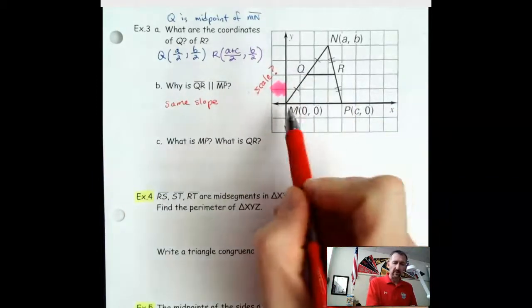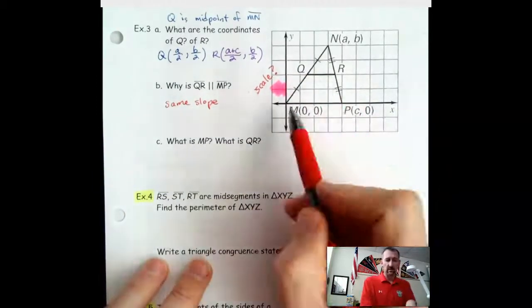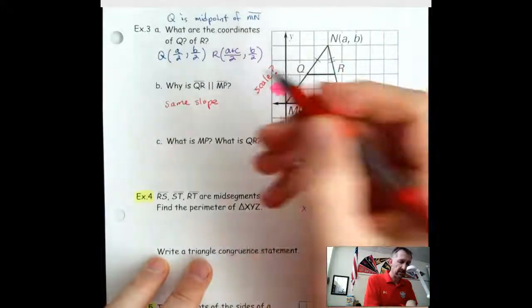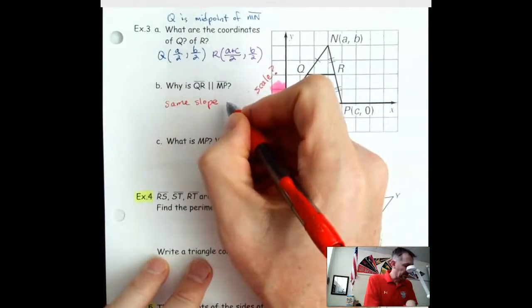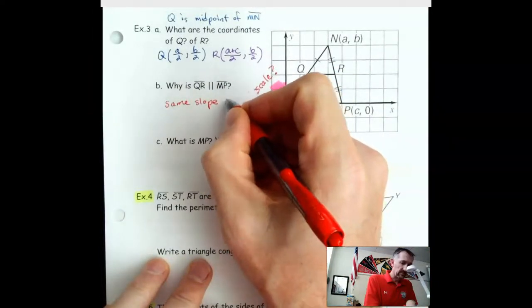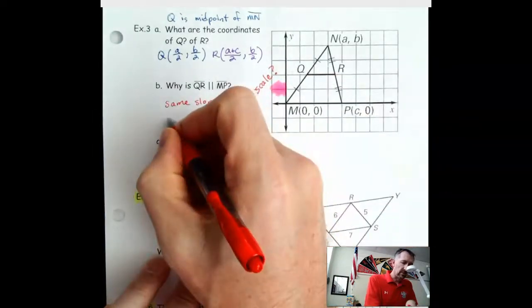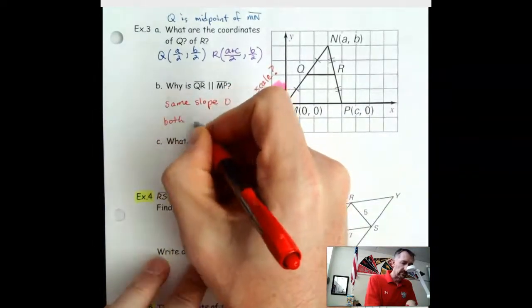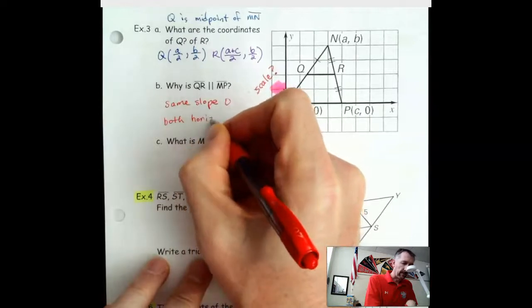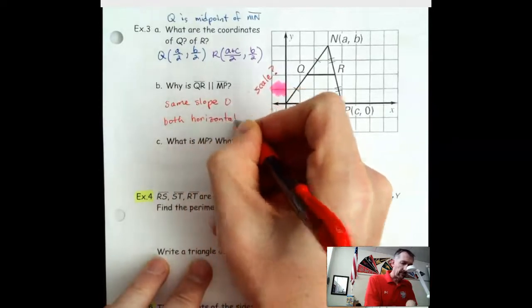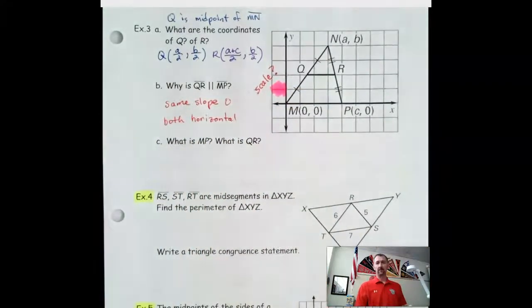We hopefully can tell the slope there, the change in y is 0, so it's going to be 0 divided by the x's, so same slope, 0, both horizontal. Okay. What is the length of MP?